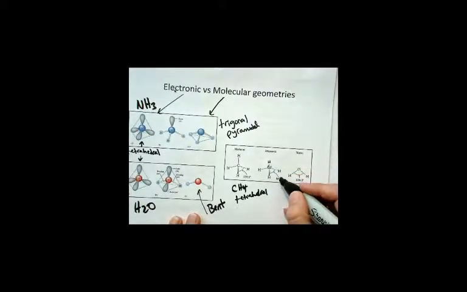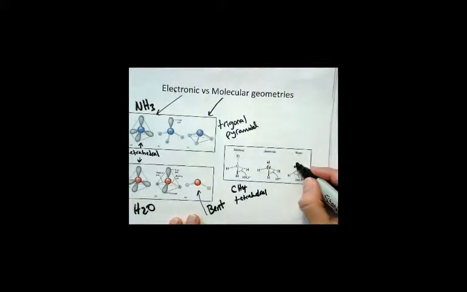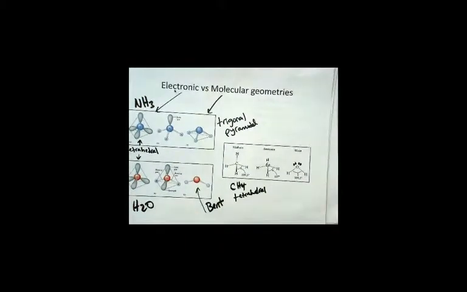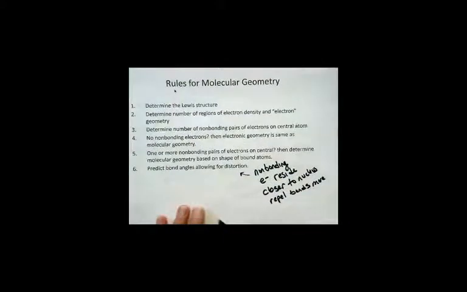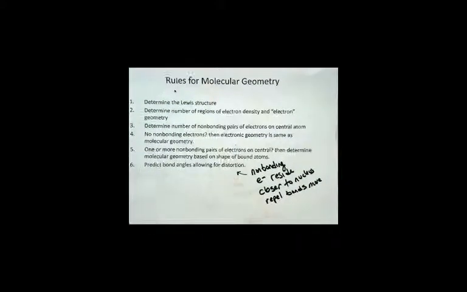So they're about 107. And then for water, you have two non-bonding pairs of electrons, so you have more push down on these bonding pairs because the non-bonding pairs reside closer to the central atom because there's no other atom to pull them further away. So they push down more, and that's an even smaller bond angle of 104.5 in that bent structure. That's what predicting bond angles allowing for distortion means, and that you saw in your POGIL activity as well.